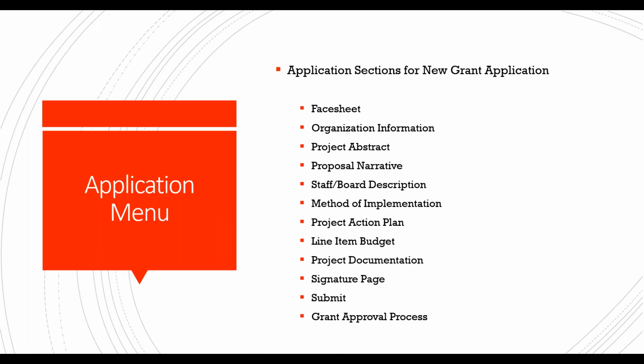These are the application sections for a new grant application. You'll have your face sheet, which I just showed you. You'll have organization information, your project abstract, your proposal narrative, your staff and board descriptions, your method of implementation, your project action plan, your line item budget, and your project documentation, as well as your signature page.